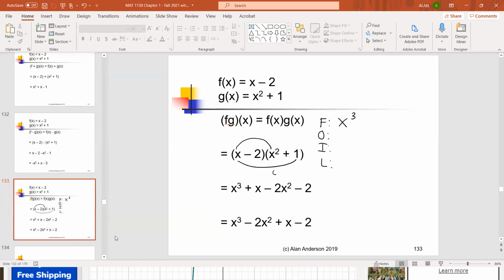O is x. I is negative 2x squared, and L is negative 2.